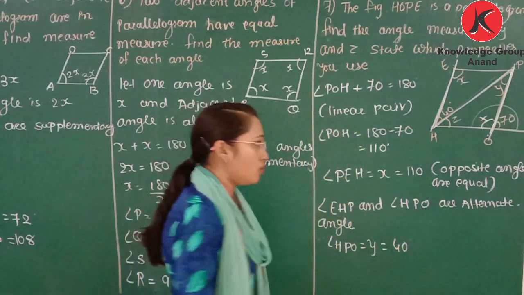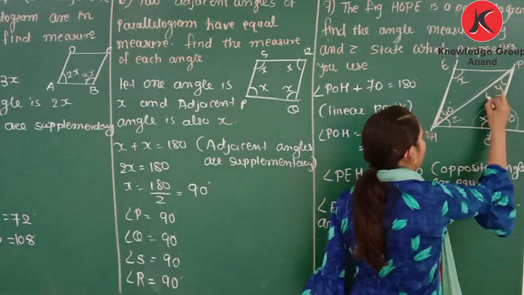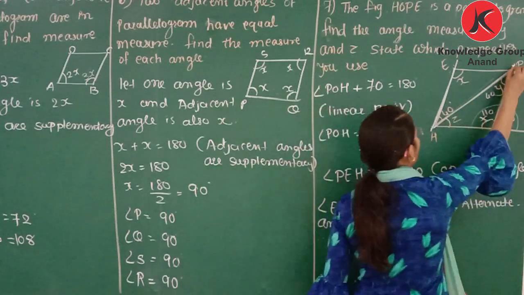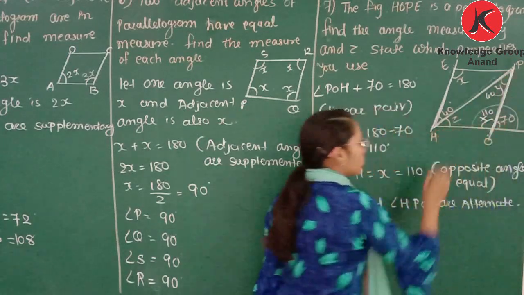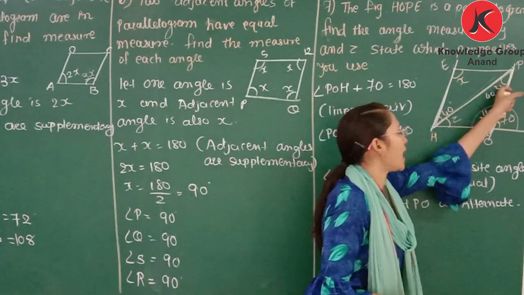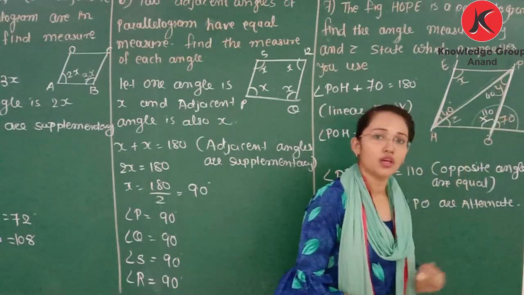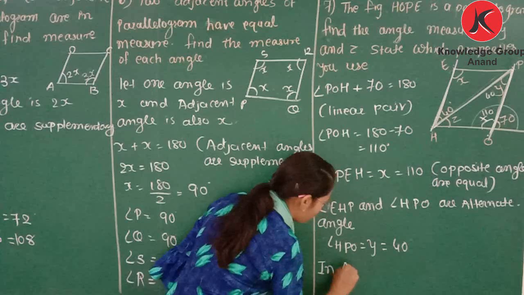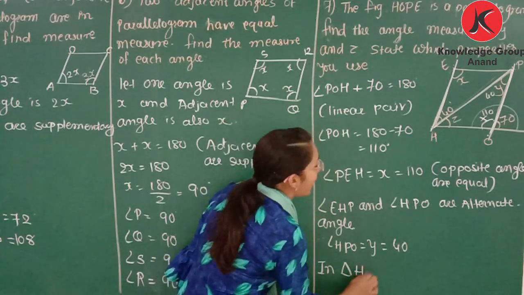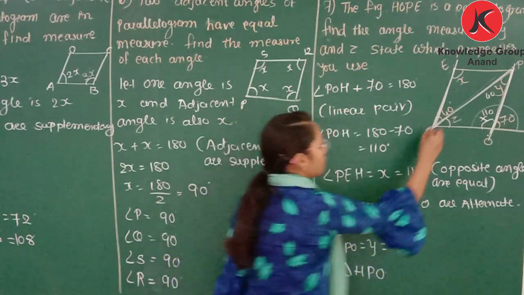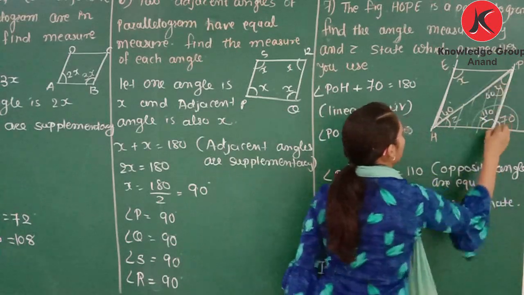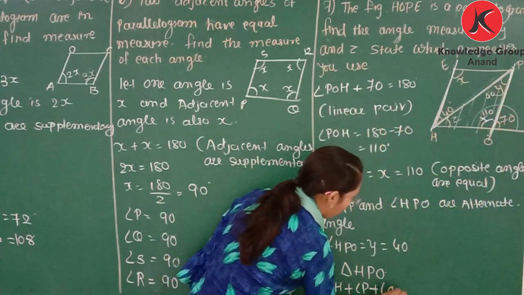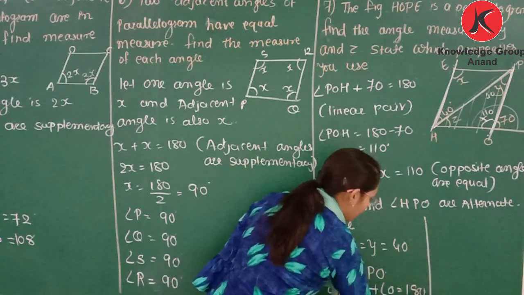Clear? Now here you can consider this angle is 40, this angle is 110, and you consider triangle HPO. Then angle Z plus angle Y plus 110 will be 180. In triangle HPO, angle H plus angle P plus angle O is equal to 180.